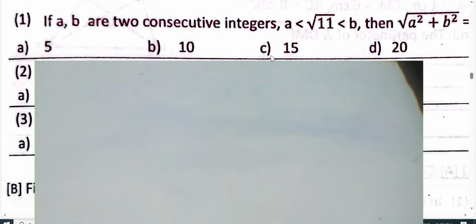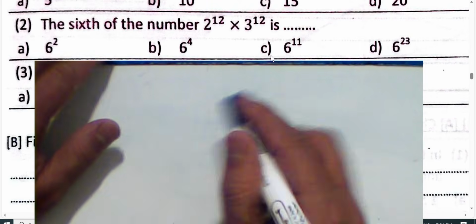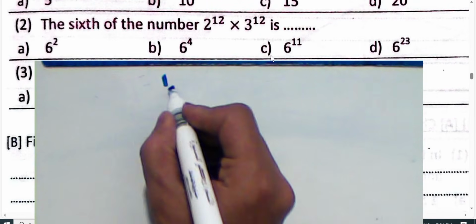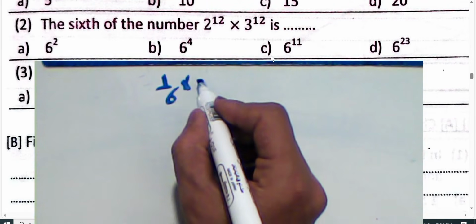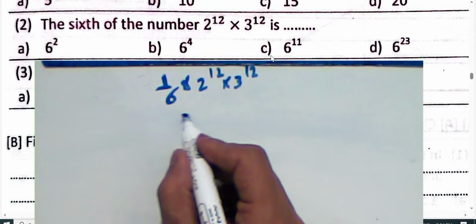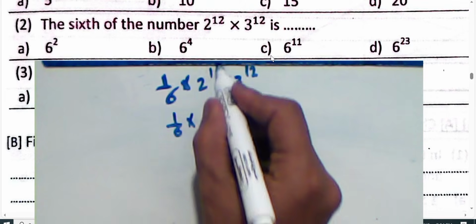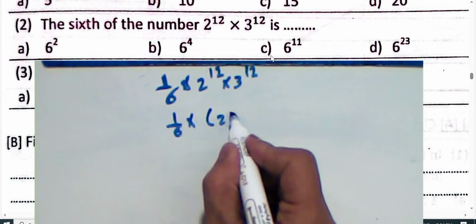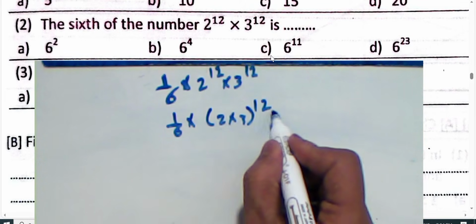Next question. Number 2. Find the value of the numbers. It means what? It means 1 over 6 times 2 power 12 times 3 power 12. We can write 1 over 6 times, look here, 2 times 3, we can write 2 and 3 in brackets, all power 12.